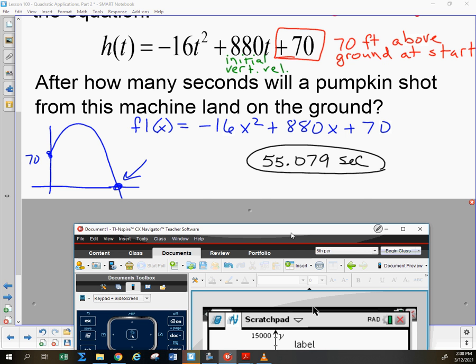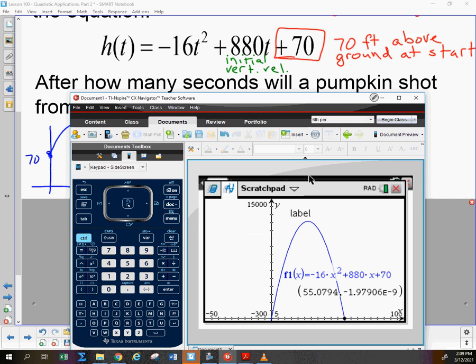I am going to label my coordinates here on my sketch as 55.079, comma, and then it had that thing in exponential notation, didn't it? Negative 1.979 times e to the minus 10. Well, that means I've got a teeny tiny number, 0.00000, all those zeros before I even get to the 1.979.